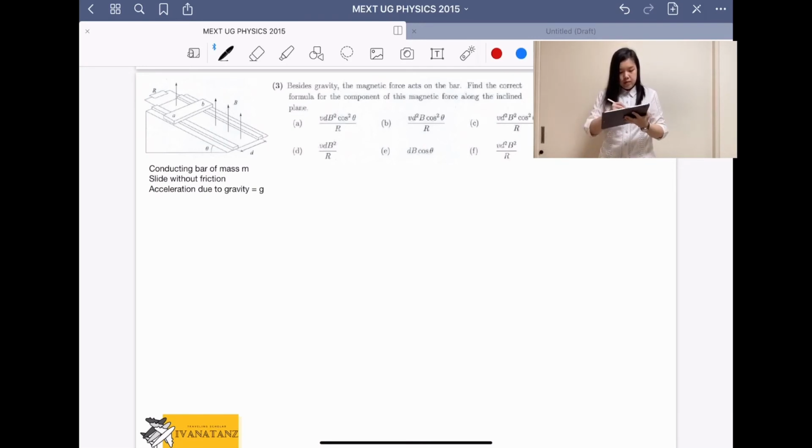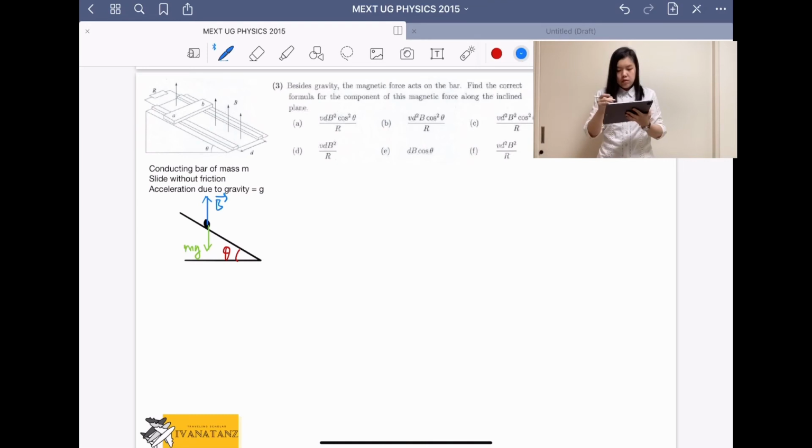Let's redraw the plane and the system again. Magnetic field, and this is our mass, mg. Because of this B, we also have magnetic force on the bar.